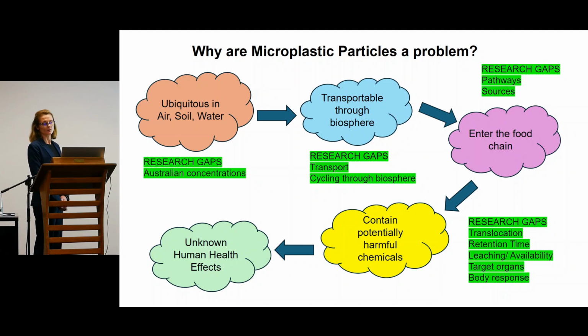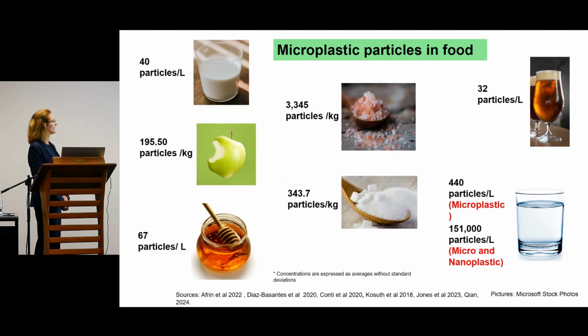but there is an indication that they are in the food chain, and there have been hundreds of studies completed around the world, mostly with packaged foods. And of course, packaging and processing is a source of plastic particles to food.